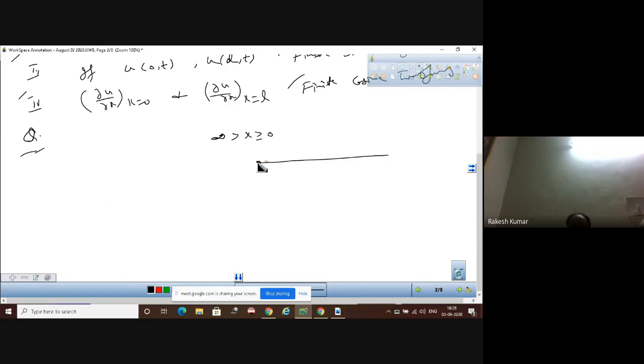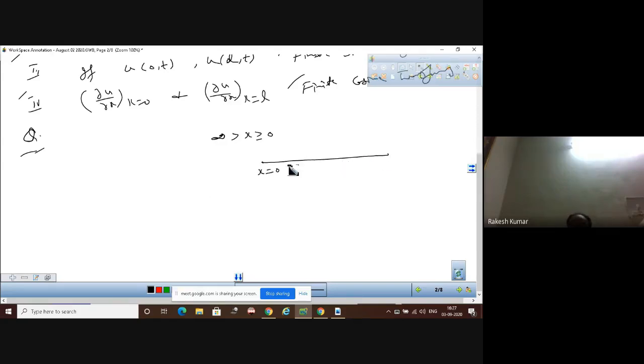The medium is like this. We don't know the type of material we have. This is the end x equal to 0. Obviously, it will have some end, but we are saying that it is semi-infinite, so we don't know the length.